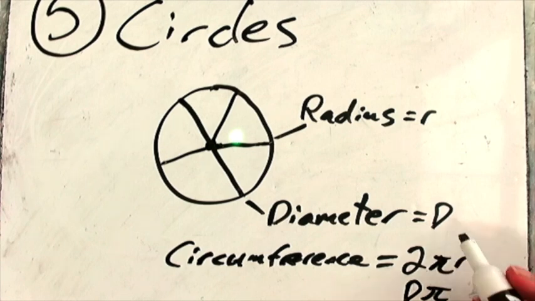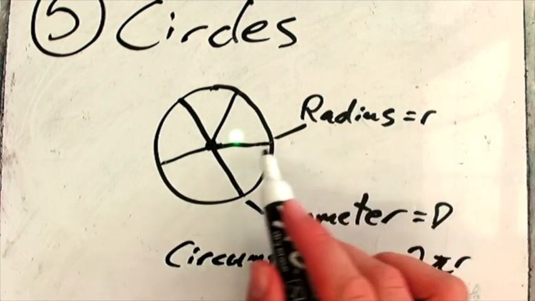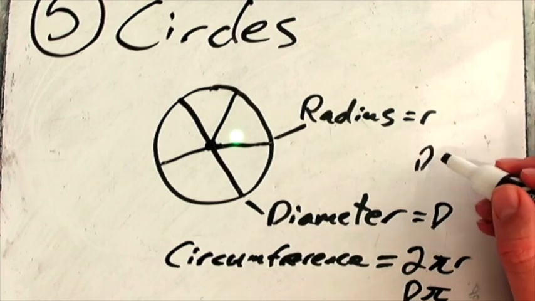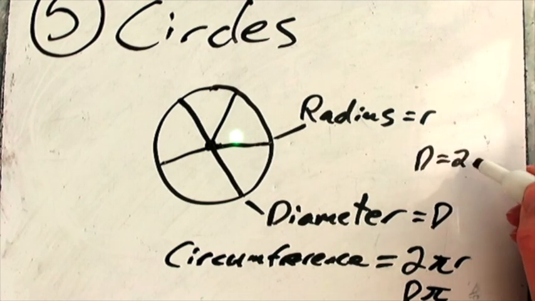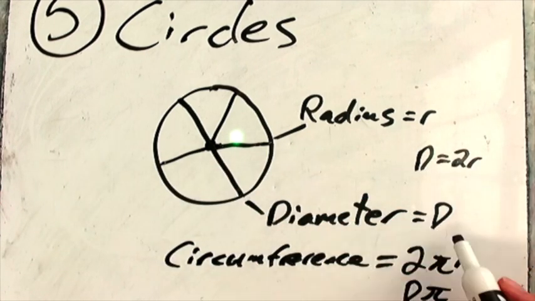What do I mean by that? Well, I mean d times pi, or I mean 2 pi r, or 2 times r, this half amount. But see how d is actually just the same as 2r? Like 2 of these r's is just d here, the diameter. So these are actually saying the same thing.